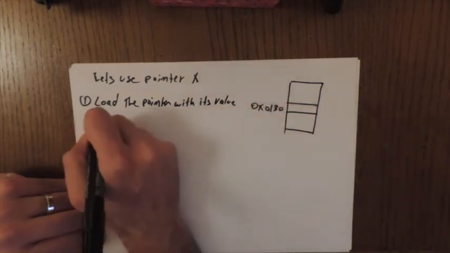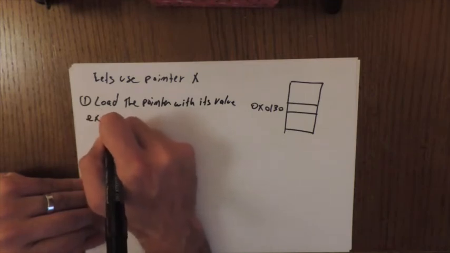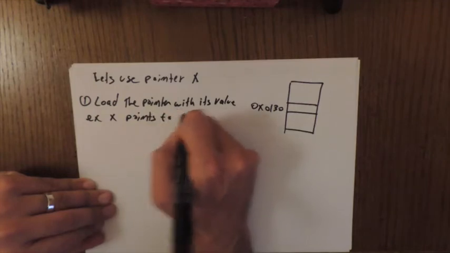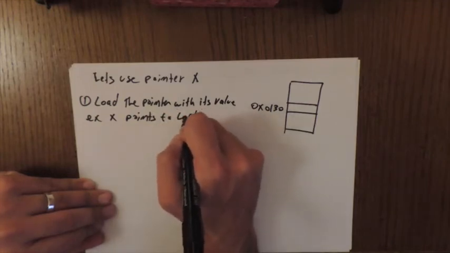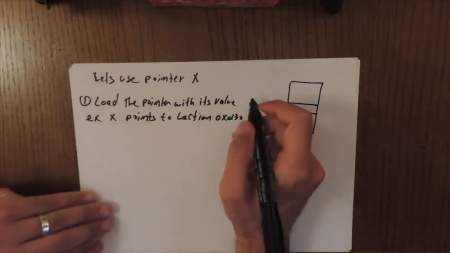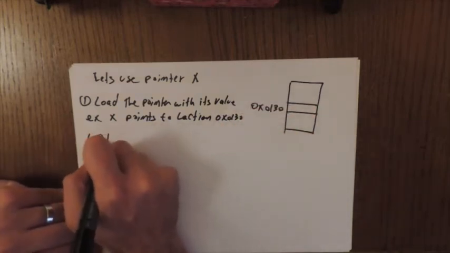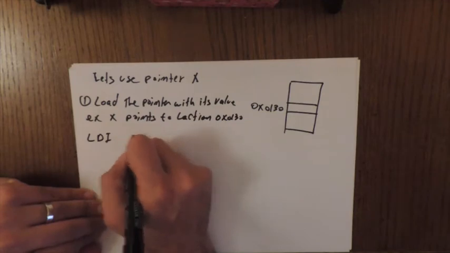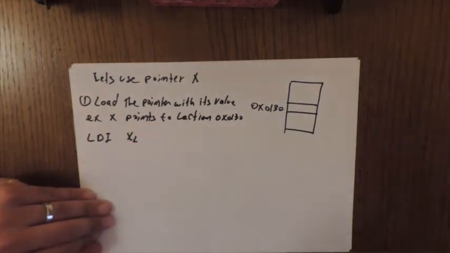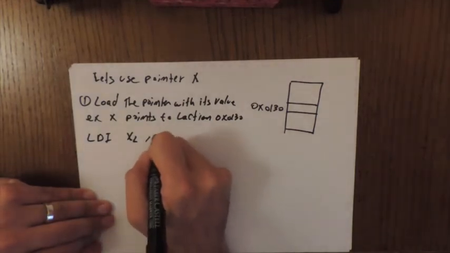So as an example, let's make X point to location 0x0130. So what we do is, first we say LDI. Conveniently we can use XL instead of the direct register, just to know that we are using pointers.